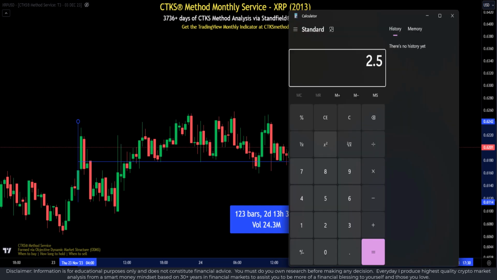Let's just bring out the trusty calculator to prove this out. Say 2.5 days. And what is that divided by? Just say 3736. Now that's a really small percentage. Let's multiply it by 100 to get it to a fraction of 1%. It's tiny. You could say it's under 1/10 of 1%.